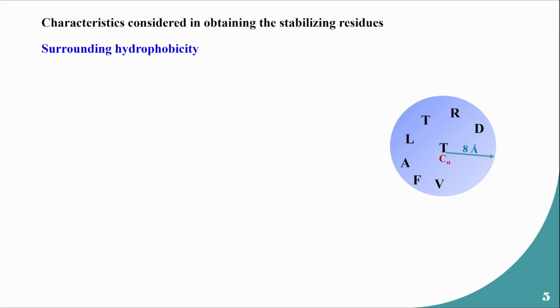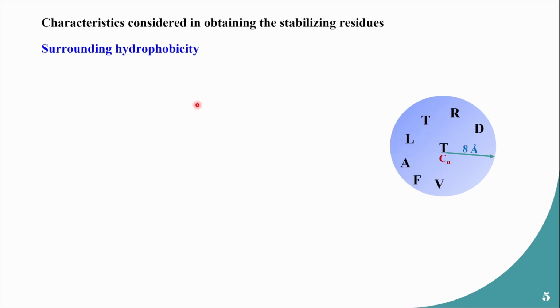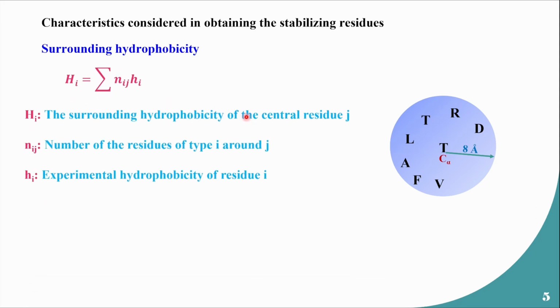So what it is basically, this is one of the characteristics that is considered while looking for stabilizing residues. What surrounding hydrophobicity tells us, or the way to calculate it, is that for a certain residue, you have to take, let's say, a distance cutoff.